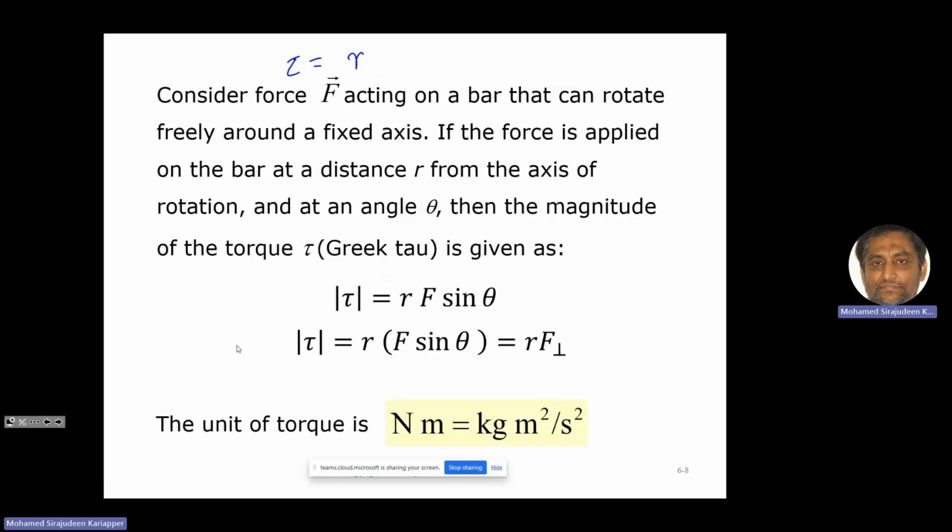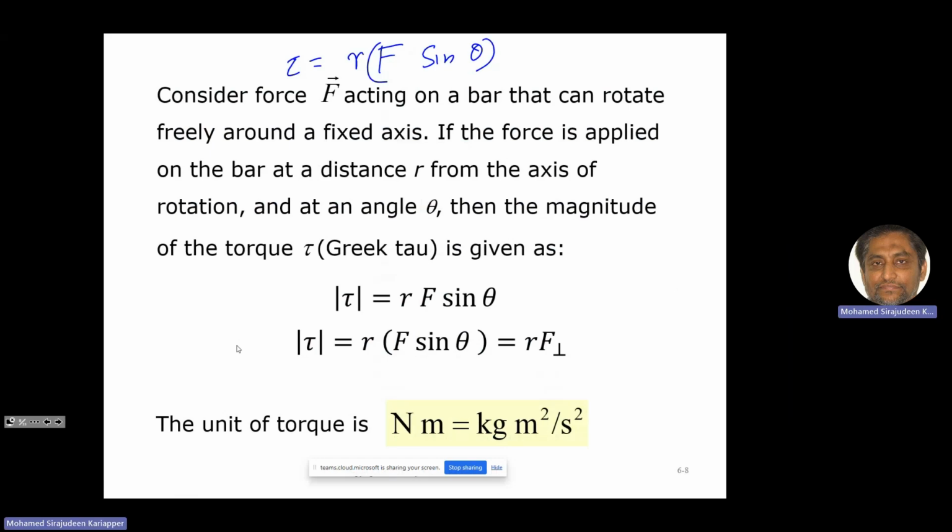So that is R, multiplied by F. The F must be perpendicular. If it is not perpendicular, then you must take the perpendicular component of that force. So if you know the angle theta between this R and the force, the perpendicular component will be F sine theta.